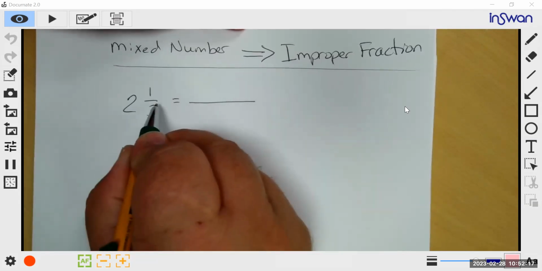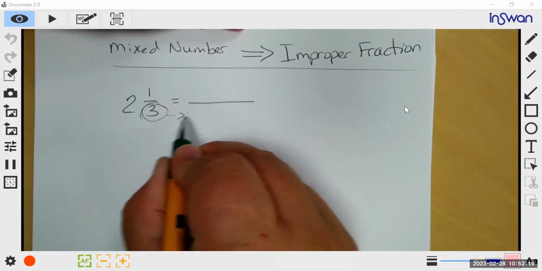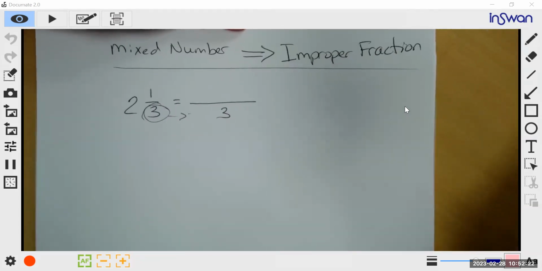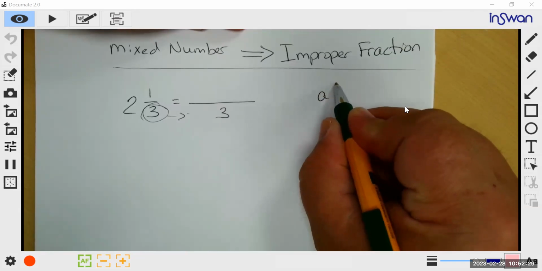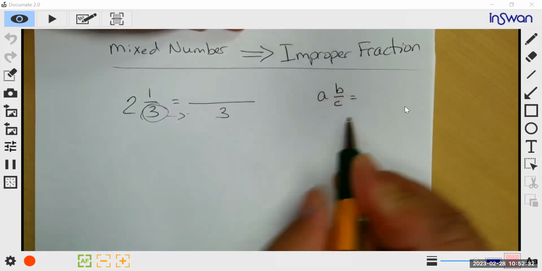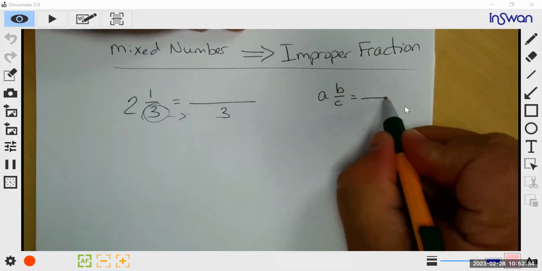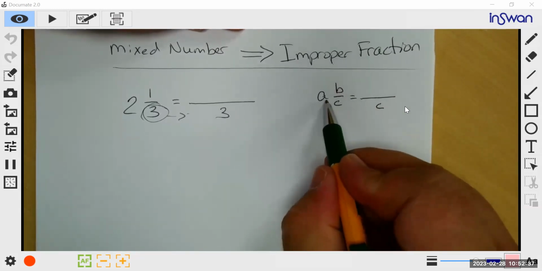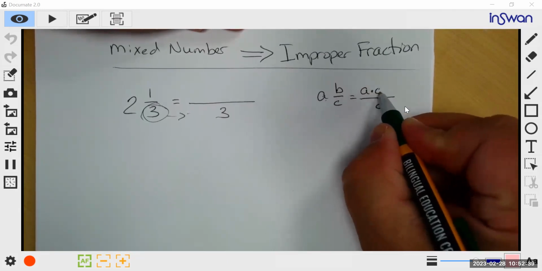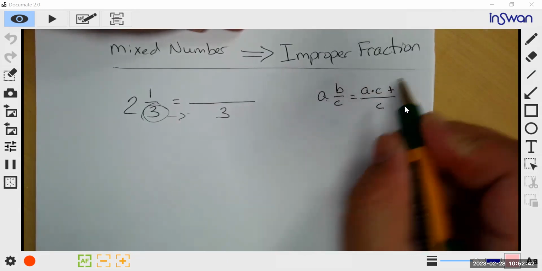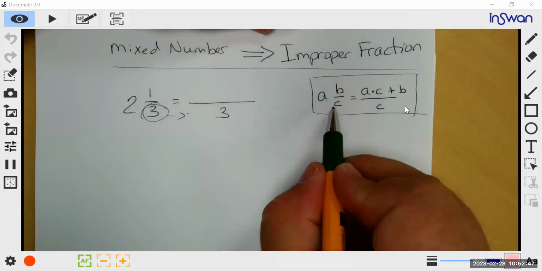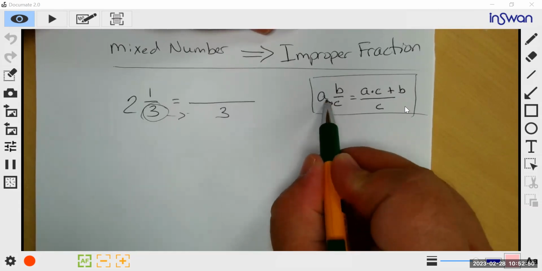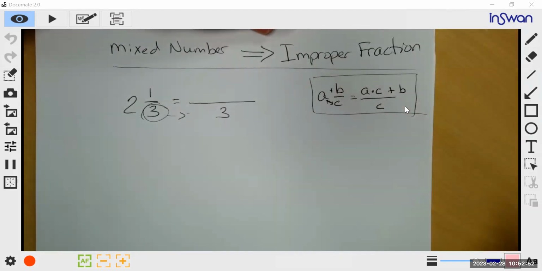The one thing we know is this number has to stay on the bottom. Here's the formula for the conversion. You have an integer and a fraction. Multiply A times C and add B. This is the formula. So multiply these two first and then add that one.